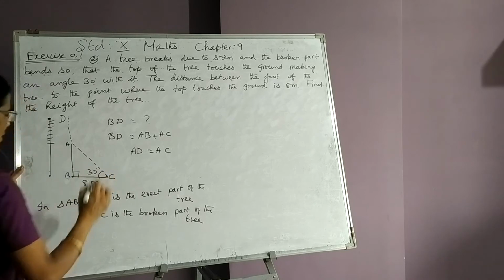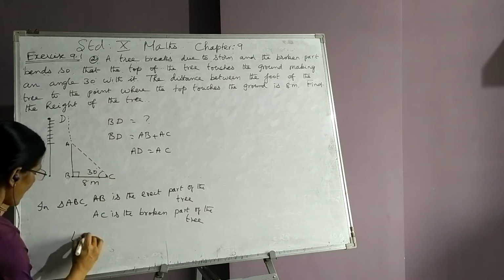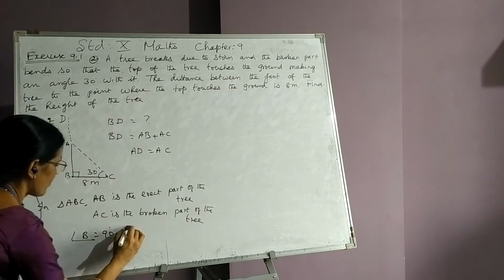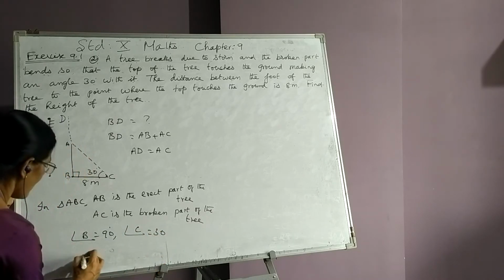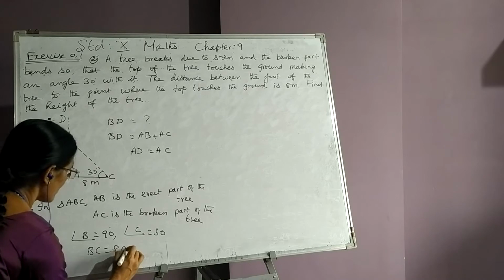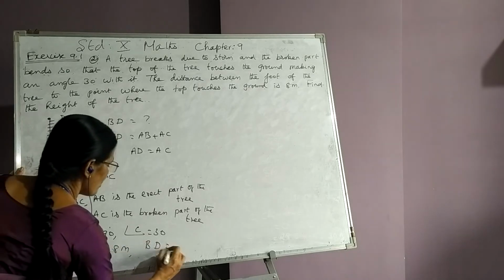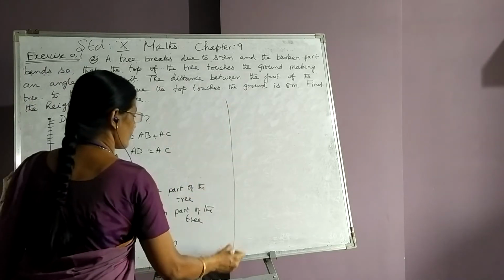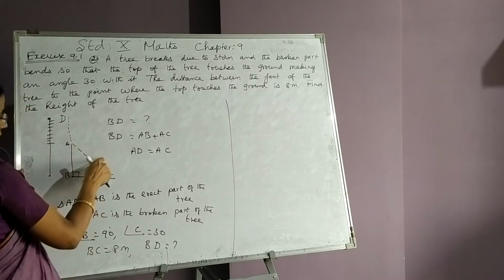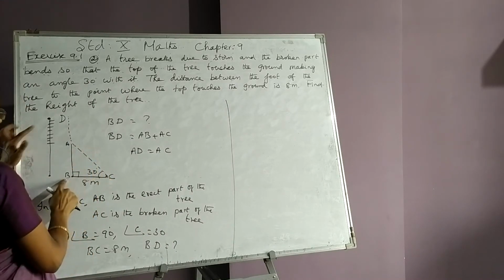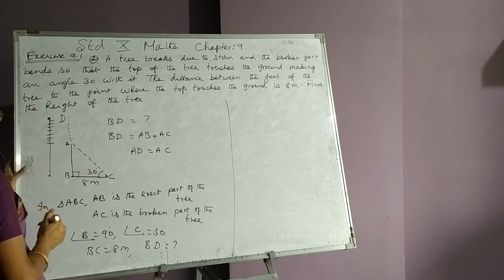The tip makes an angle of 30 degrees. Angle B is 90 degrees. Angle C is given as 30 degrees. BC is given as 8 meters. We are asked to find out BD. So using this 8 meters, we are going to calculate AB and AC. We are going to add, and we will get the entire height of the tree.